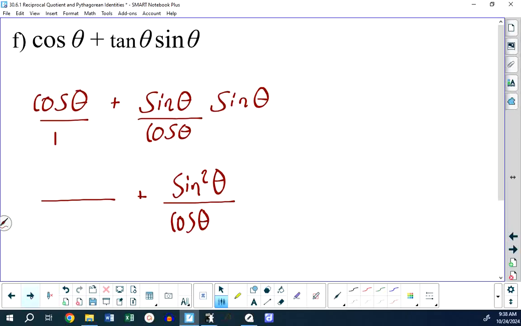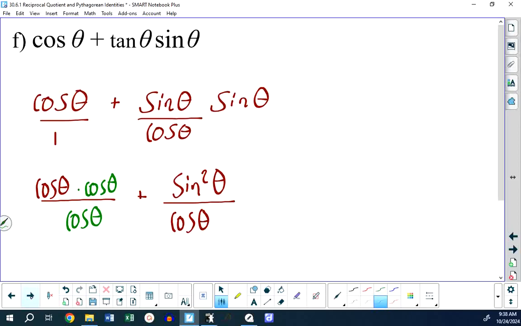Which means I have to take this cos of theta over 1 and multiply the top and the bottom by cos of theta. I want to get the same denominator so I can put them together. That's where all the magic happens, when you get a single fraction.